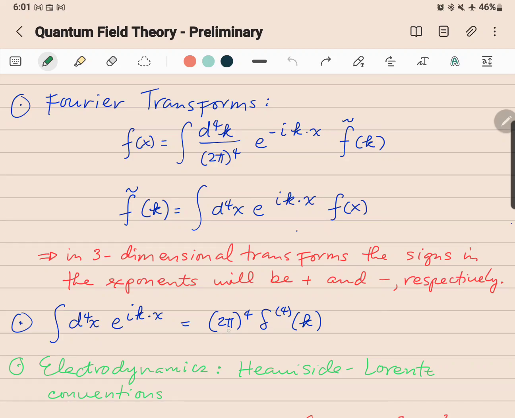So the integral of e to the ikx with respect to x in the fourth dimension is just equal to 2 pi to the fourth delta to the fourth of k. By the way, you can review the definitions of Dirac delta functions in some books or on the internet.